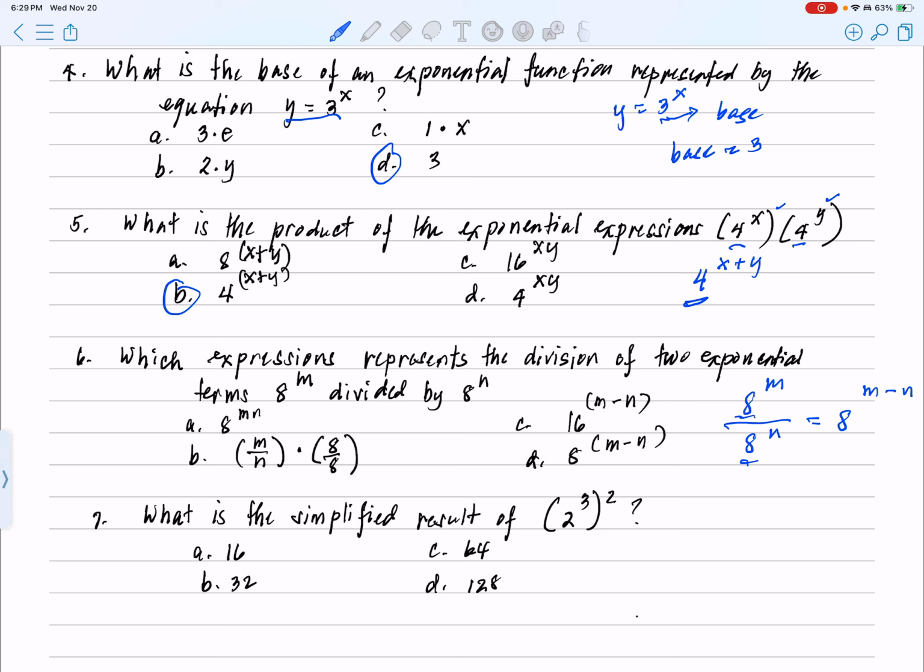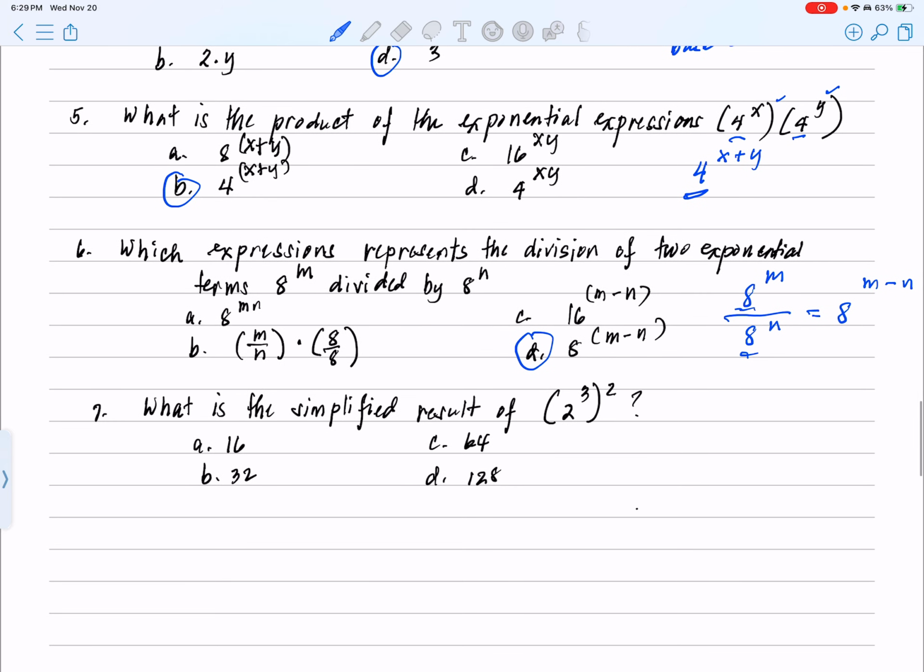The letter D. Okay. For number 7, what is the simplified result of 2 to the third power raised to the second power? This is coming from the power to a power property. So we multiply.